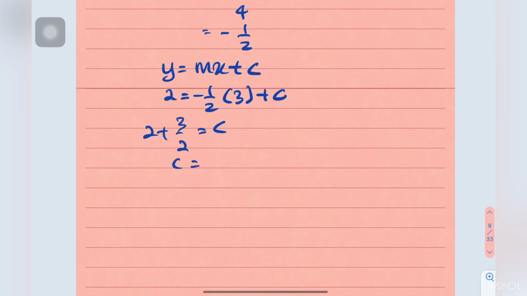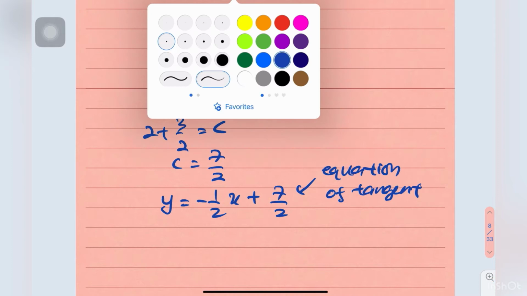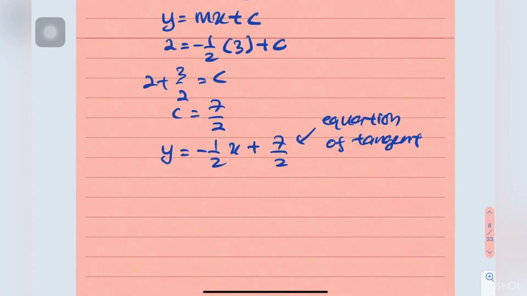So c is 7 over 2. So therefore y equals -1 over 2x plus 7 over 2. This is the equation of tangent.